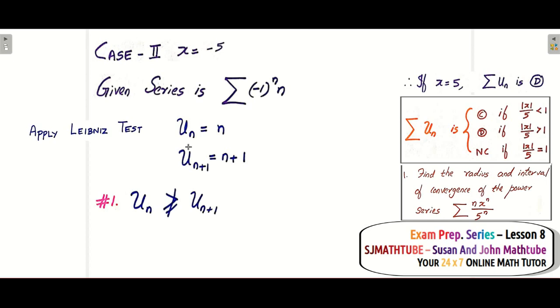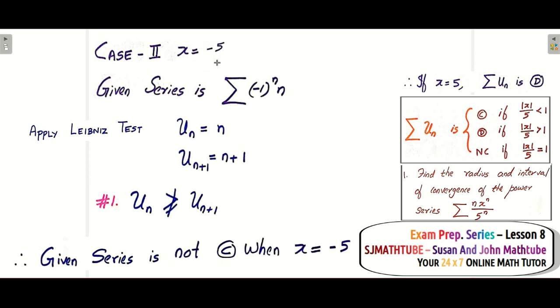Finished. Look at this. N is smaller than n plus 1 because we start counting n from 1. The first term, the second term, the third term. So you can plug in any of these numbers 1, 2. So 1 is smaller, 2, 3. So 2 is smaller. So the first condition is violated. That means the given series is not convergent when x is equal to minus 5. Okay, I'll keep that here.